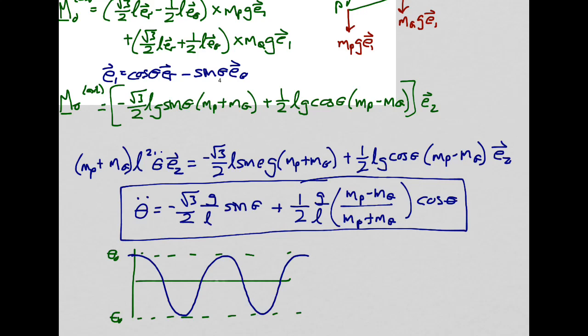But if the masses aren't equivalent with each other, and let's say MQ is greater than MP, then we can start it at the same position, theta naught, but then it's going to oscillate beyond theta naught on the other side, the negative theta naught on the other side. And so we're going to get an asymmetric oscillation in the pendulum, whereas it's symmetric if the masses are equivalent with each other.